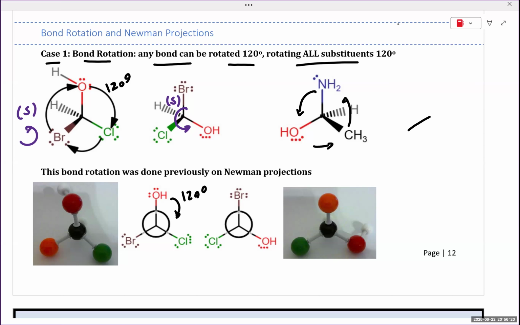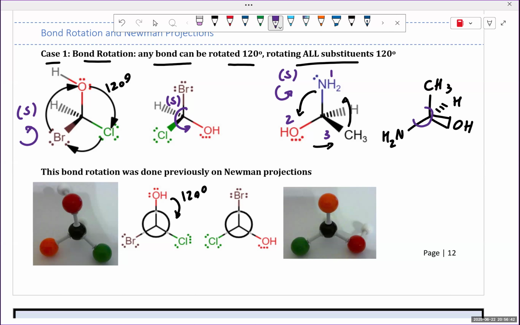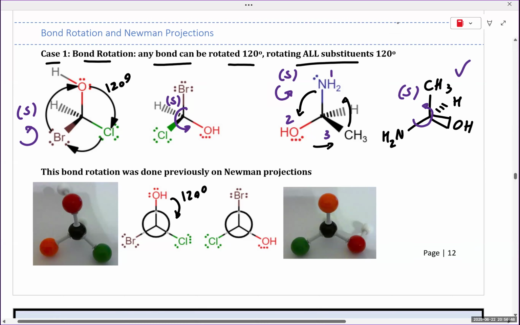In this case, the methyl group ends up top, the alcohol ends up on the right, and the amine ends up on the left. Now, just as a check, let's make sure that we did not invert the stereocenter. So this is an S stereocenter, and it still is an S stereocenter. So we have not changed the configuration.